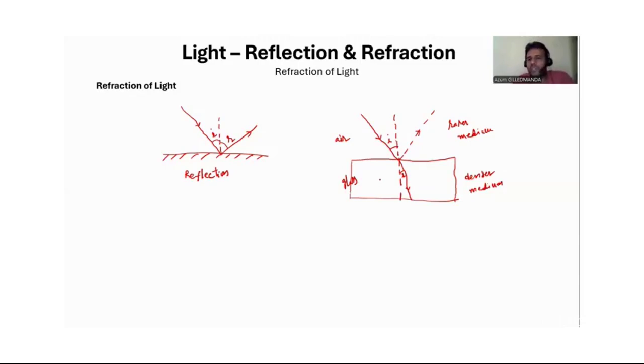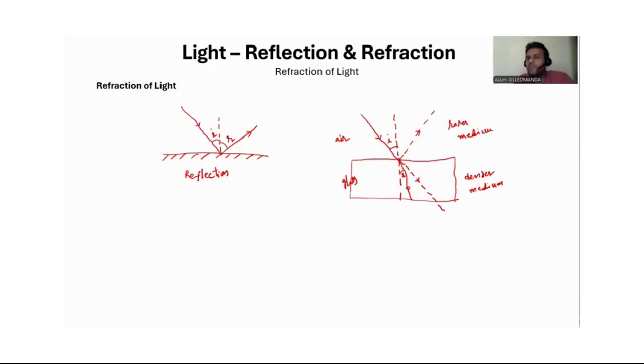So ideally, this light should have traveled in a straight line. That means it should have traveled like this. You're following, right? So ideally, light should have traveled in the same direction in a straight line. But because it is a denser medium, the speed of the light got reduced and it slightly takes a different path, which is closer towards the normal, and then it continues in a straight line.